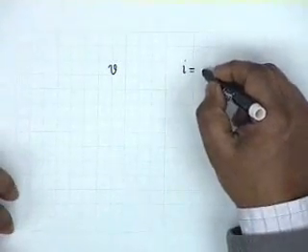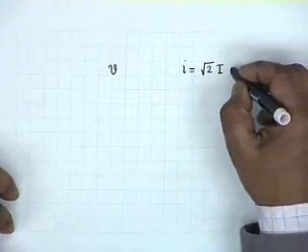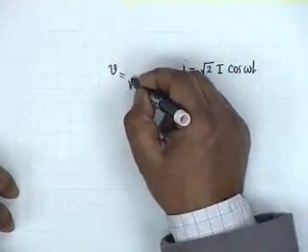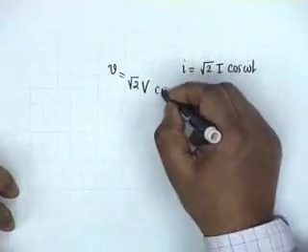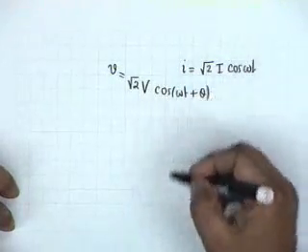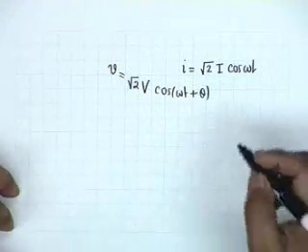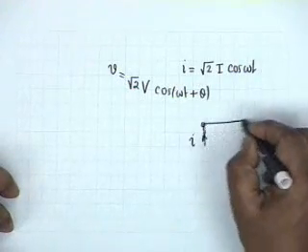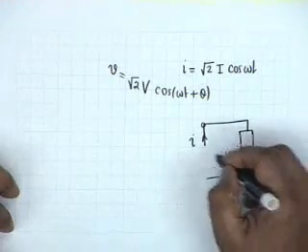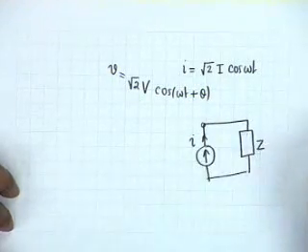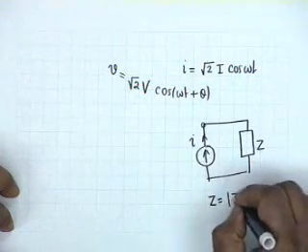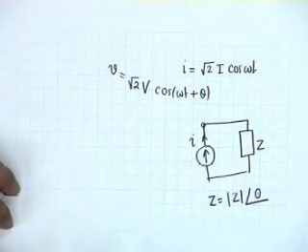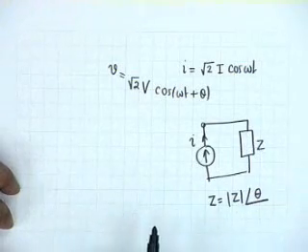Suppose i is root 2 capital I cosine of omega t, and suppose small v is equal to root 2 capital V cosine of omega t plus theta, which may occur typically, let's say, in a situation in which a current I is allowed to pass through an impedance Z, where Z is magnitude Z, angle theta. It could be an inductive circuit, for example, resistance, inductance, or a capacitive circuit, resistance, capacitance, and so on.